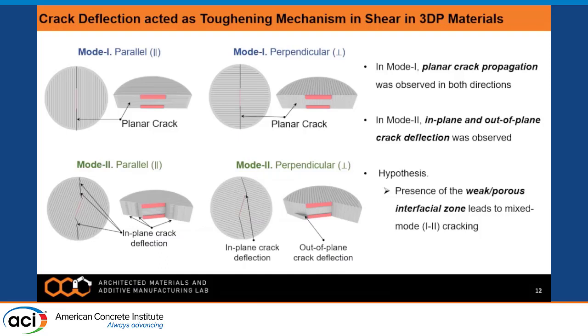So what we hypothesize is that the presence of weak porous interfaces in the interfacial zone leads to mixed mode loading in the perpendicular direction, which may have significantly increased the fracture toughness in the perpendicular sample in mode 2.